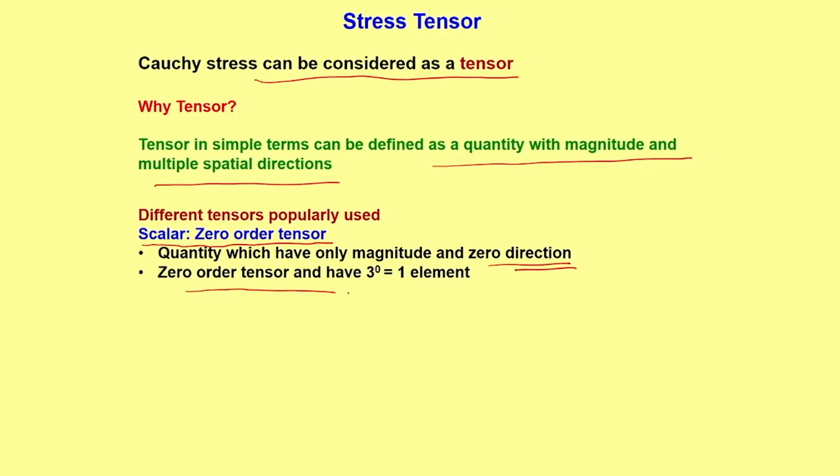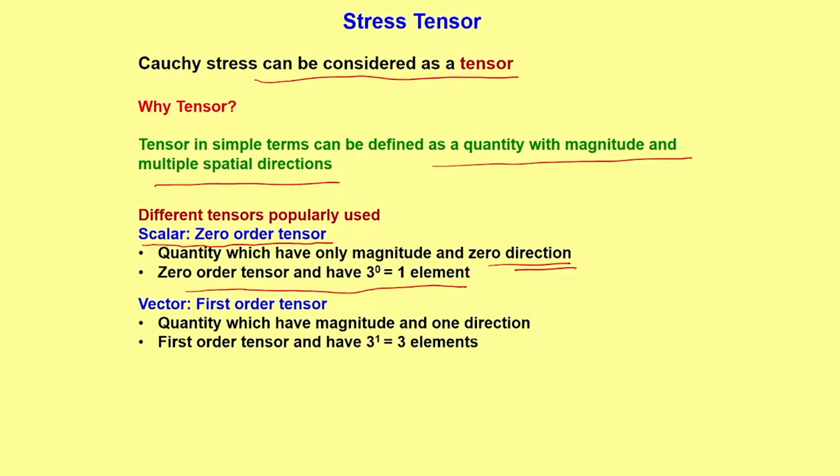So, we call it zero direction. And a zero order tensor, which is a scalar, has 3 raised to 0, where 0 represents the number of directions. So, 3 raised to 0 equal to 1 element, and that is true. It is merely a number which shows the magnitude. So, scalar is a zero order tensor.